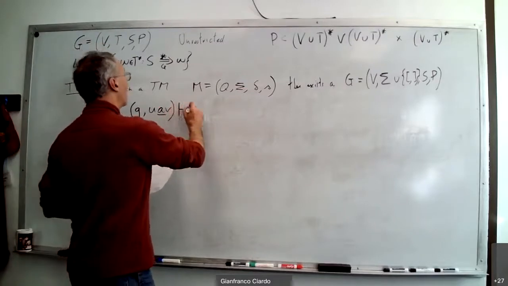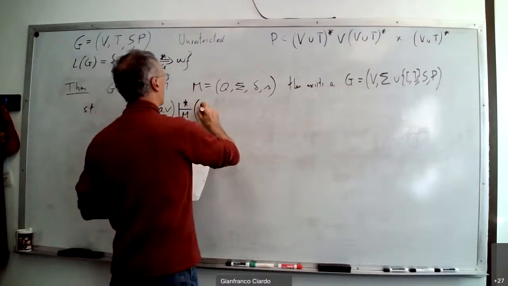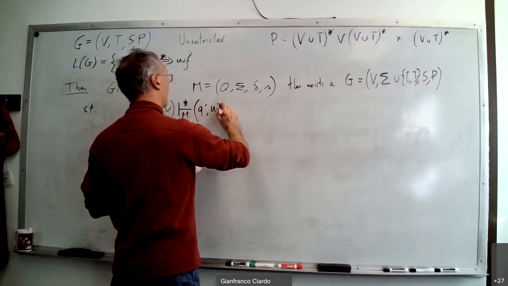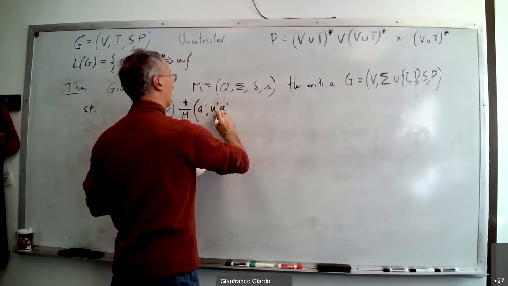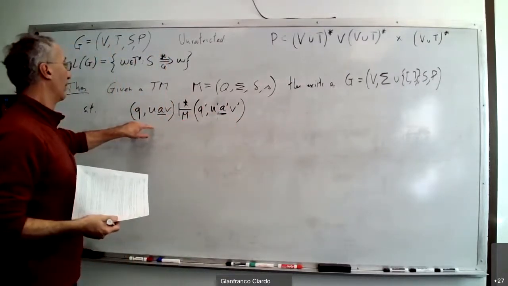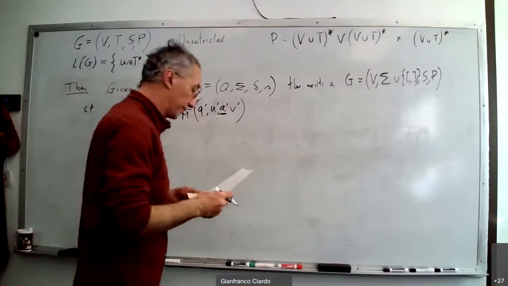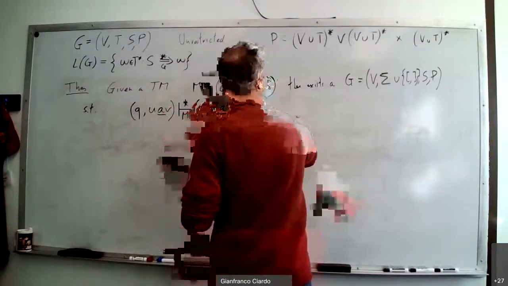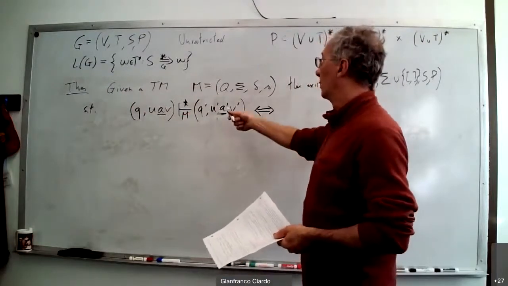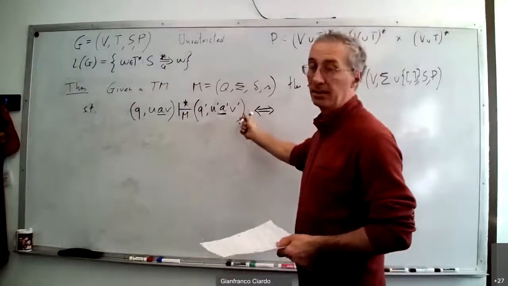So if from here, in some number of steps, the machine M can go to some state Q prime, U prime, A prime, V prime, in other words, the machine can change from this configuration to this configuration in some number of steps. This is if and only if, which is important because the machine is deterministic, the grammar in a sense can do many things. So essentially this says really deterministic.